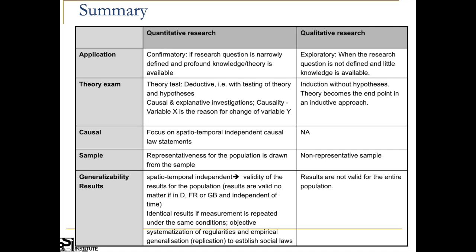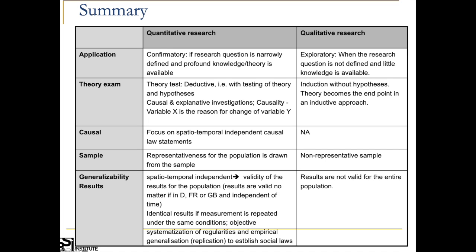Quantitative research is causal, focuses on spatio-temporal independent causal law statements, which need replications, which is not applicable to qualitative research. The sample for quantitative research is representative or should be representative of the population, whereas qualitative research is done with a non-representative sample, focus groups or smaller in-depth interviews.